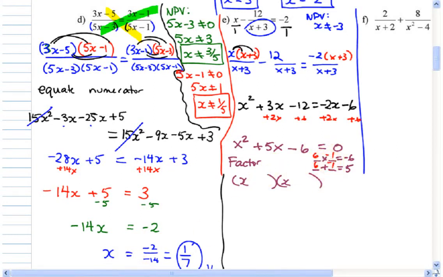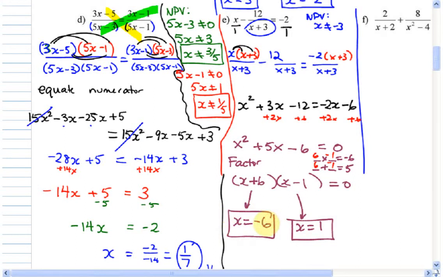Excellent. X plus 6, x minus 1 equals 0. And when you solve from here, by the way, I saw a lot of you use 3 and 2. Oops. This is just negative 6, and this just equals 1. Great. Yay! Done.